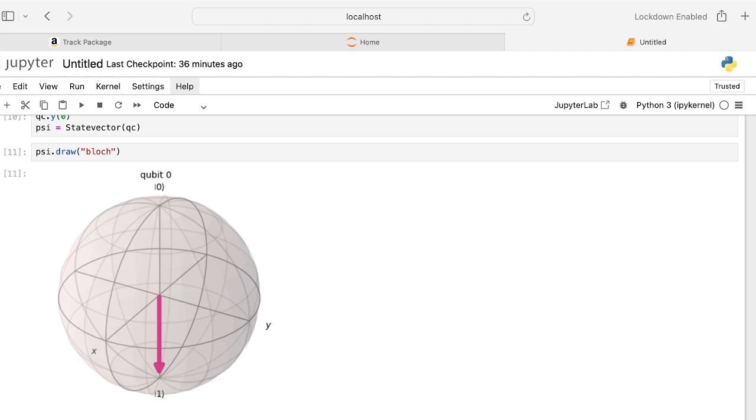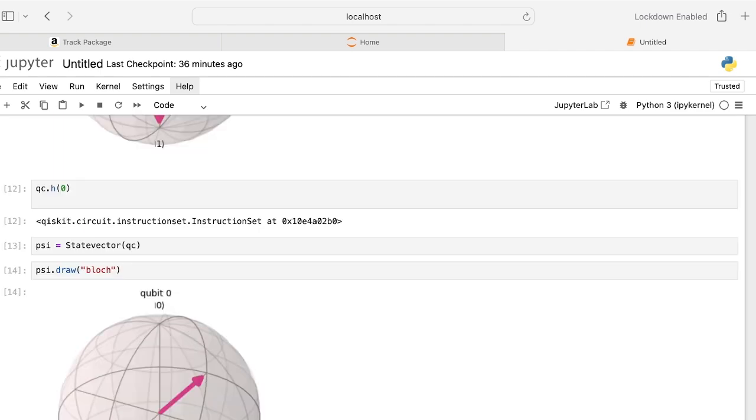Right, and now we're going to see what happened. Hopefully it will be at the equator. That's what we're hoping. Because a Hadamard is the square root of flip, as we know. It is at the equator. Very nice. Right.